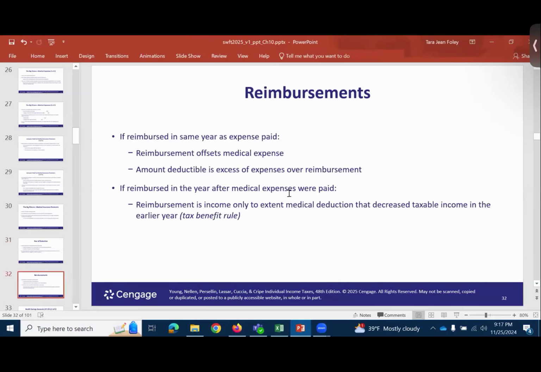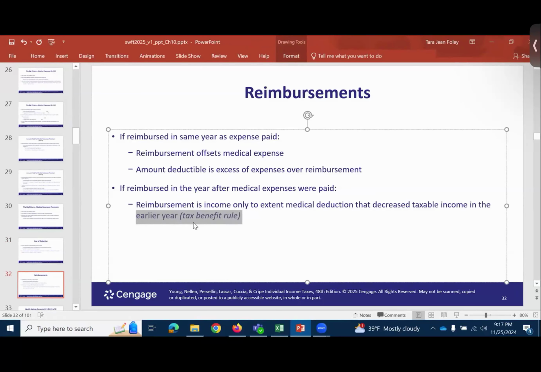Reimbursed. Let's say, for example, the tax benefit rule we've talked about before with casualty loss. If I had an expense and I put that expense on my tax return, which gave me a benefit, the benefit is it reduced my taxes because an expense reduces my taxable income, which then reduces my taxes.